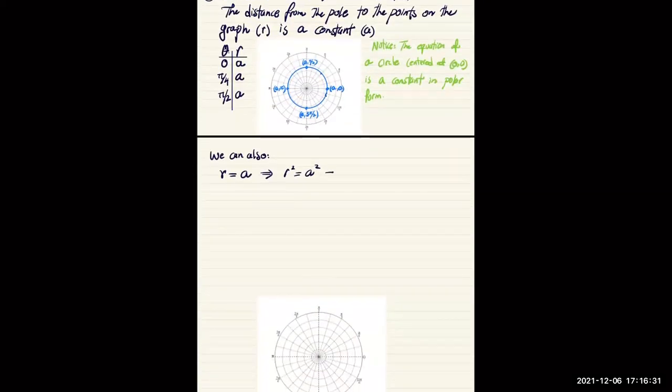So the left-hand side is x squared plus y squared, and the right-hand side is a squared. That's the equation of the circle of radius a, centered at the origin, isn't it? If you have a polar equation, you can transform it to a rectangular equation if you can, and then you're more likely to identify it. That's what we did here.